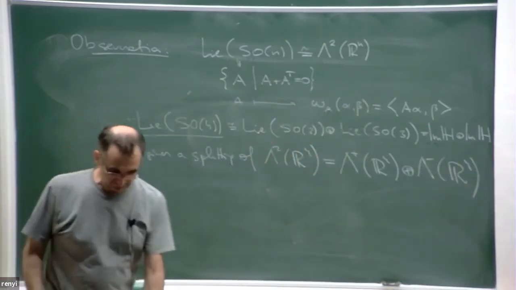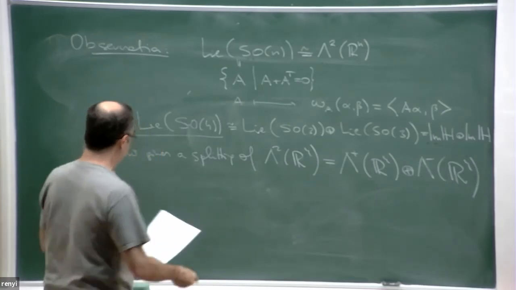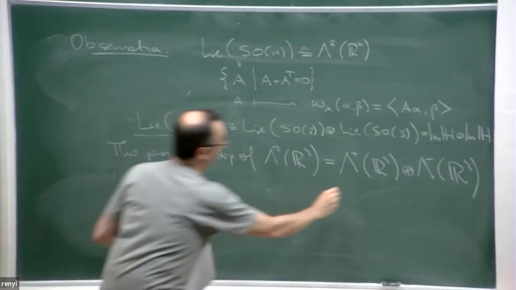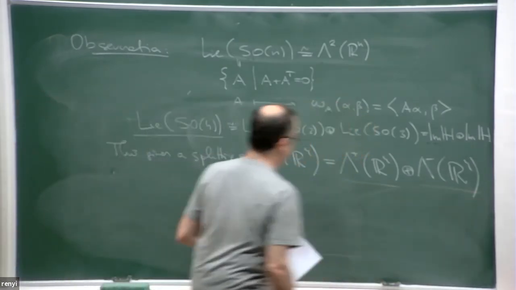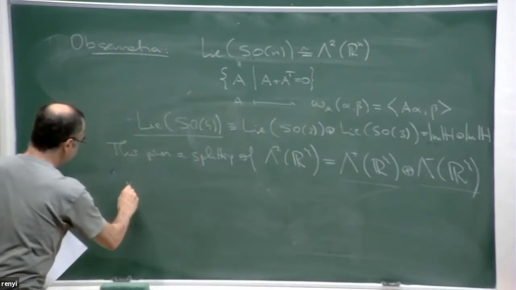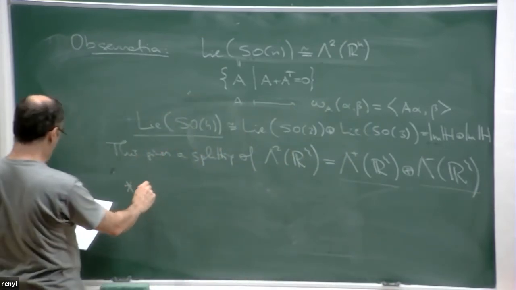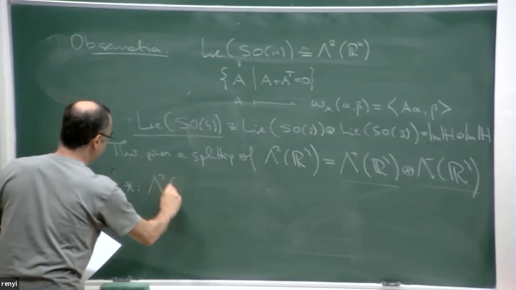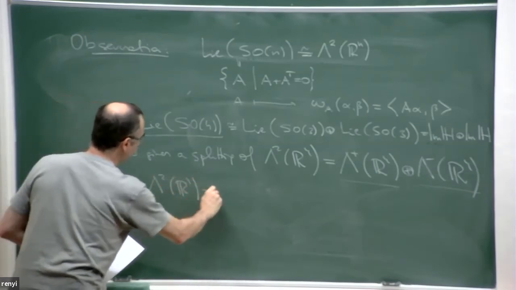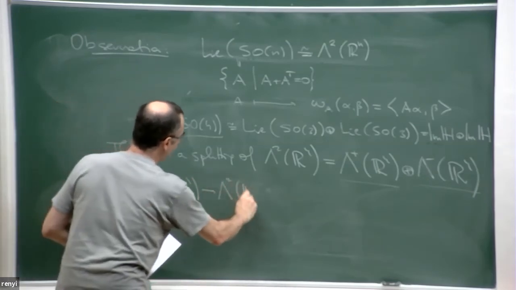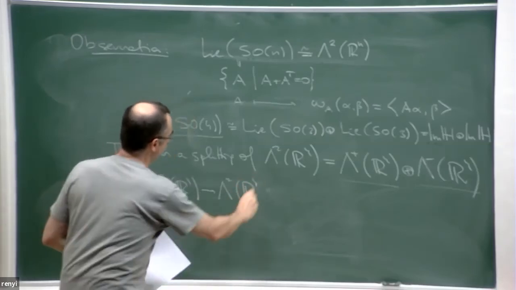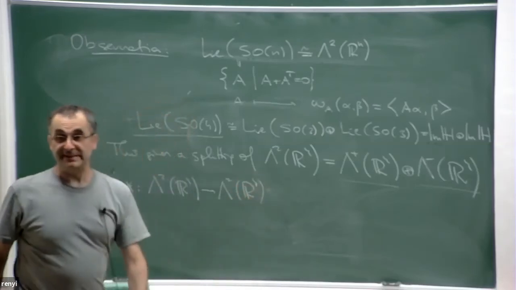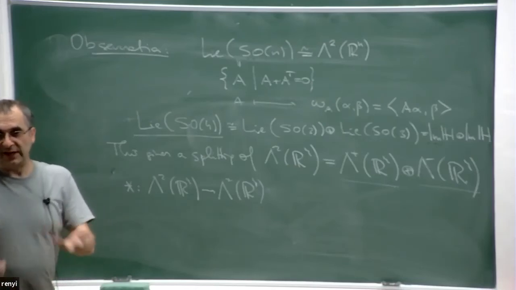And let me give you an intrinsic description. In order to define these two subspaces, I need an operator star, which goes from lambda 2 of R^4 to lambda 2 of R^4. It's a linear map, so I will specify it only in a basis.